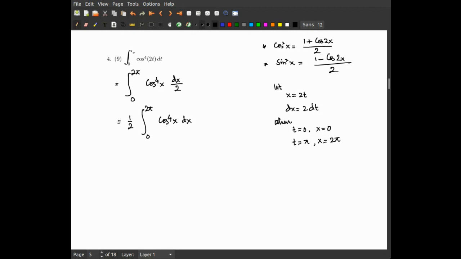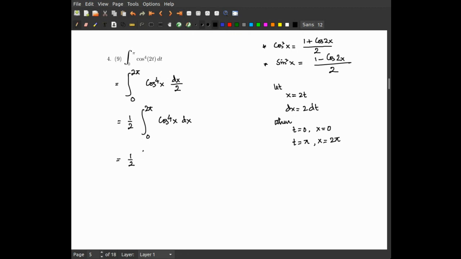Now we can calculate this one in our normal way. Since we don't have any 2 anymore, it's a normal, simple cos to the power 4 x dx. Now we can apply our identity. The idea is we need to replace this even power with our double angle formula.